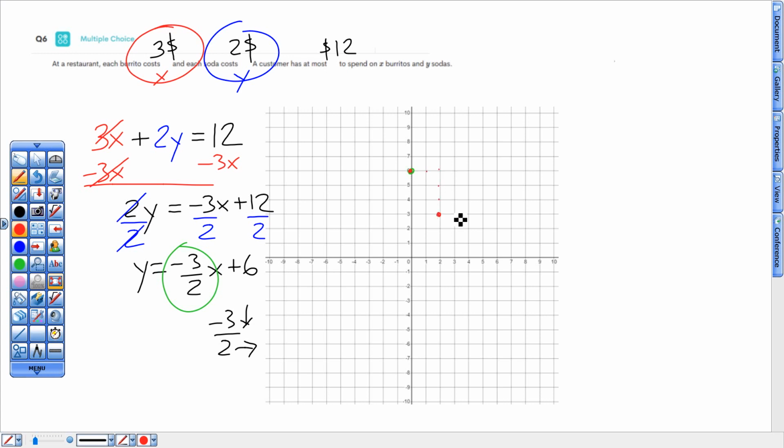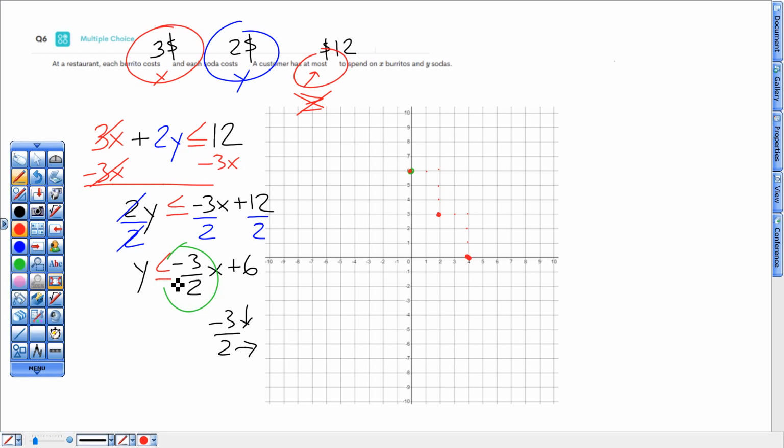Right 2, down 3. Draw a line through those. Know that this right here, I can see I made my mistake. This is at most. So again, this is an inequality, not an equal. The inequality at most isn't more than or equal to, at most is less than or equal to.